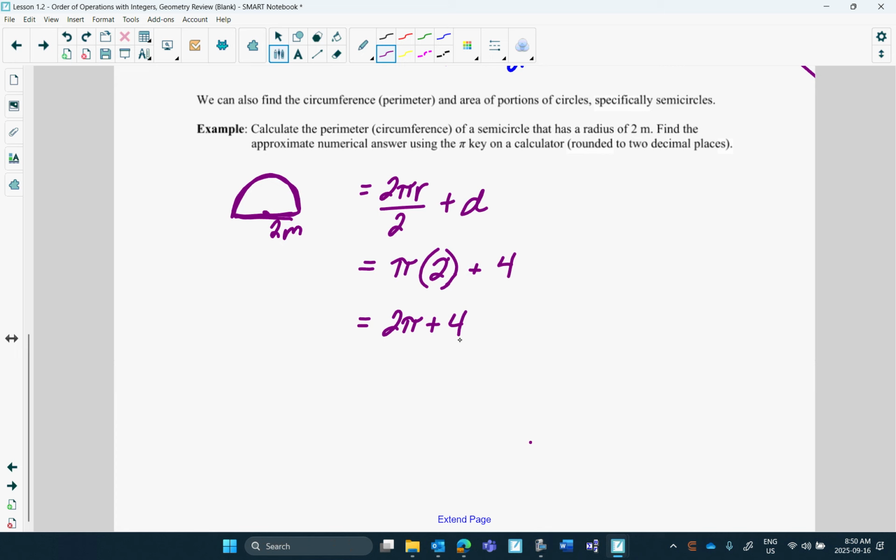But we're asking for the numerical answer, 2 decimal places. 10.28 meters. Good.